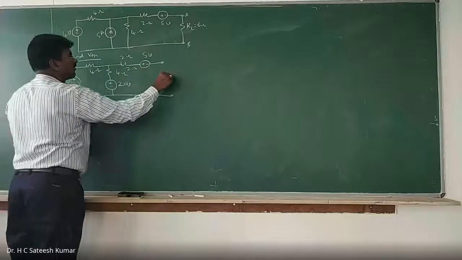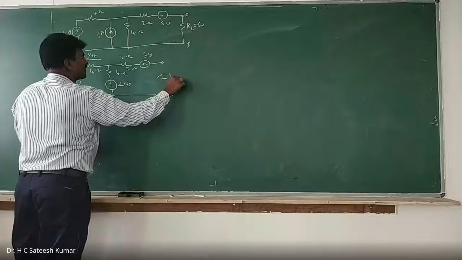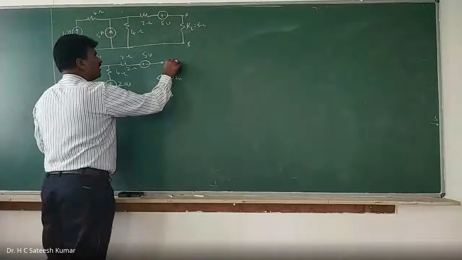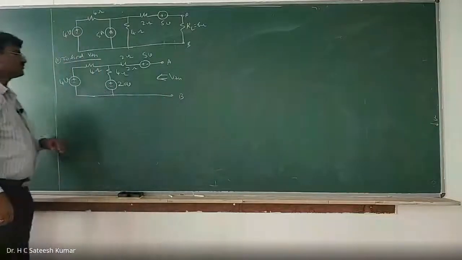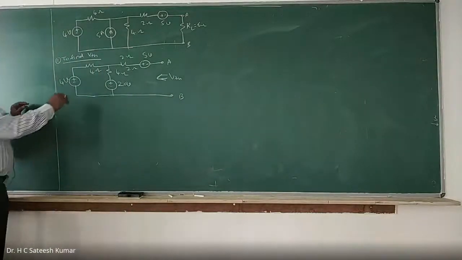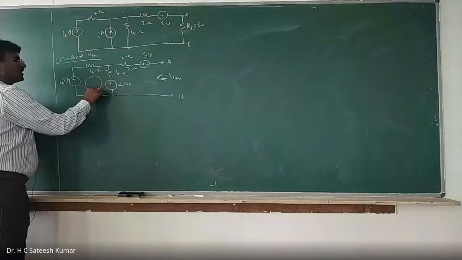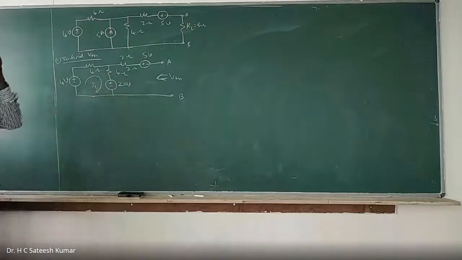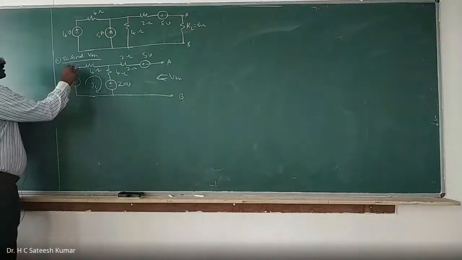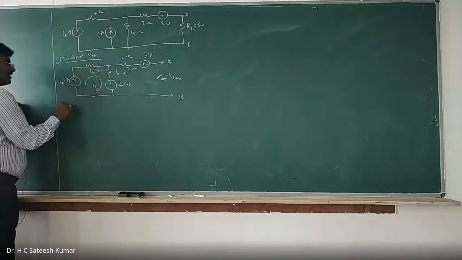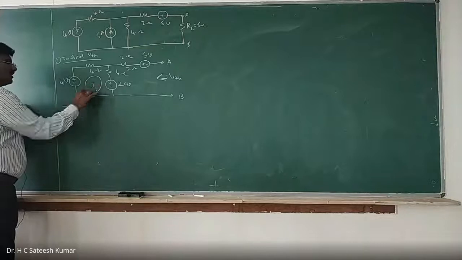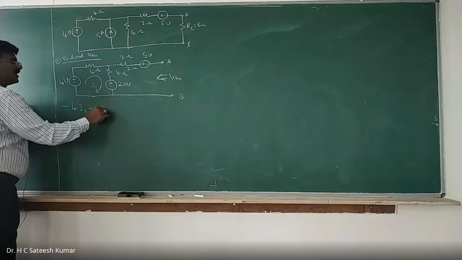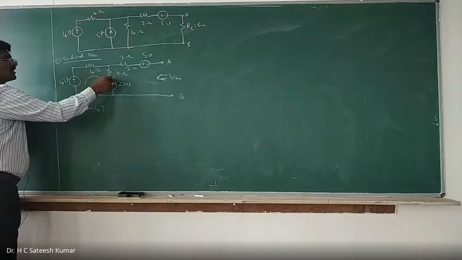Now you find out VTH. This is very interesting. Carefully you should observe that, across the terminals AB. Now, apply the KVL, only one loop. This is open circuit, no current will flow. Start from this point, same direction. Minus I, minus 4 into I, minus 4 into I. Minus 4, plus to minus.